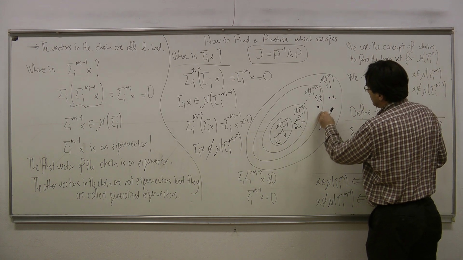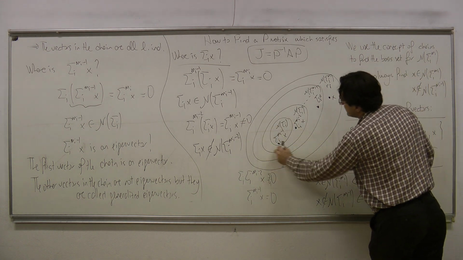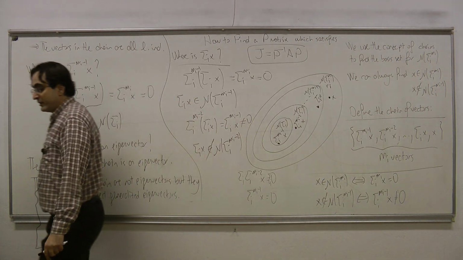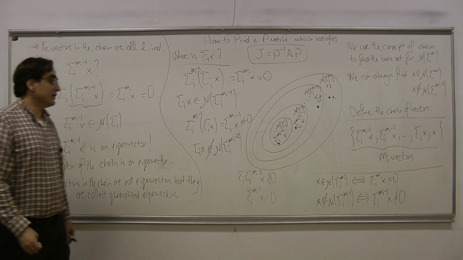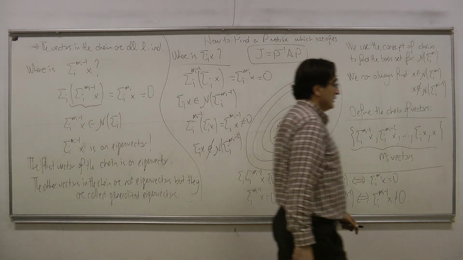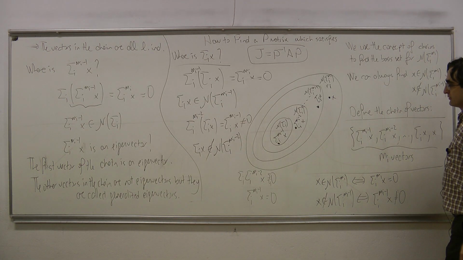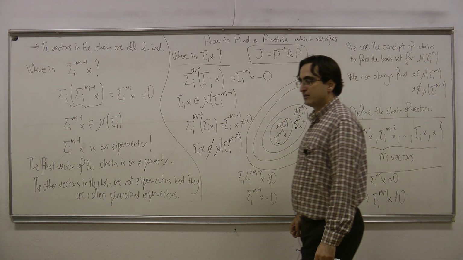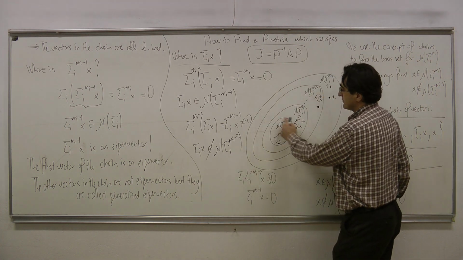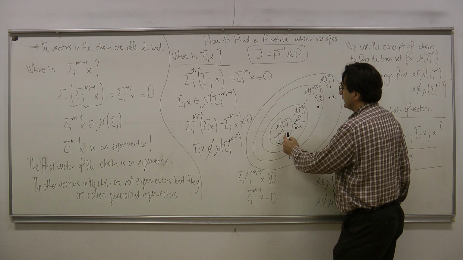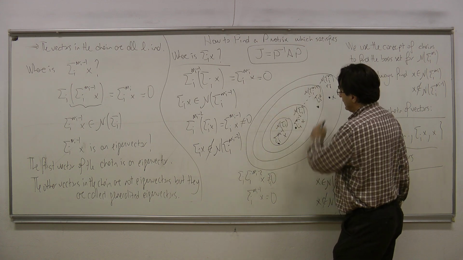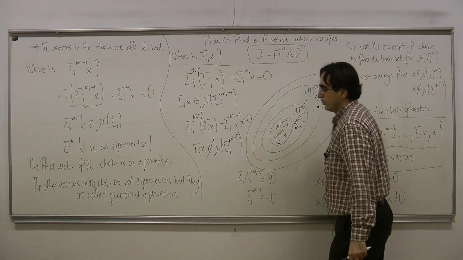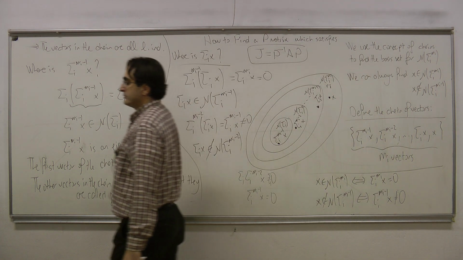Therefore, since the other vectors are not inside the innermost ellipse here, we know that they are not going to be eigenvectors, but they are going to be called generalized eigenvectors. Okay? And the other spaces are called generalized eigenspaces. So we have the actual eigenspace as the innermost ellipse here. The outer ellipses, not disks, the whole ellipse, is called a generalized eigenspace.